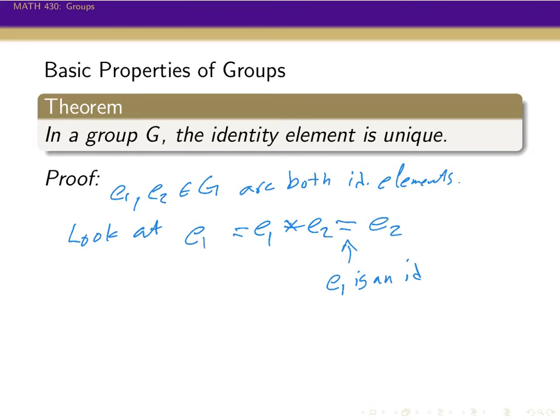So this overall is going to be equal to E1, because E2 is an identity element. And then looking at this, we have E1 is equal to E2. So if they are both identity elements, they had to have been the same thing all along.